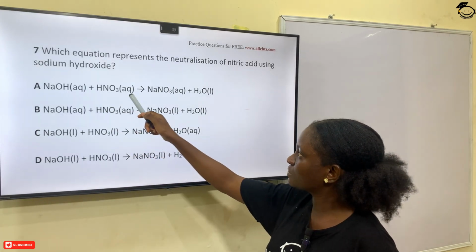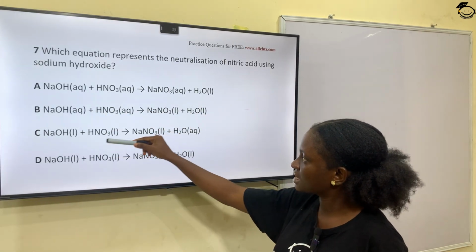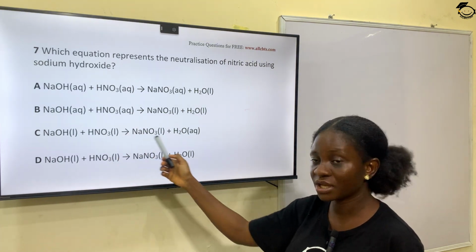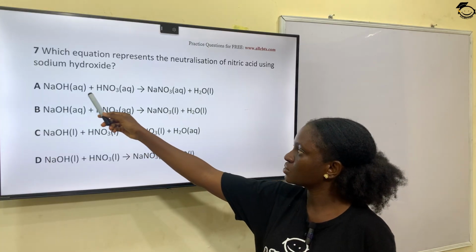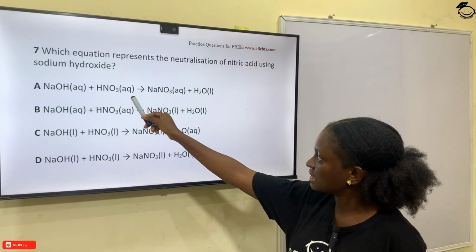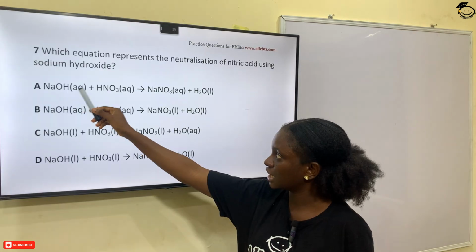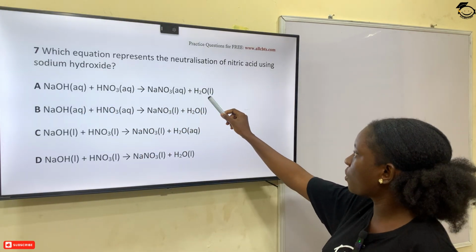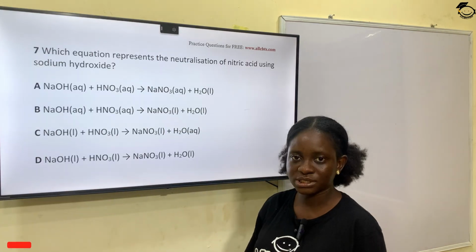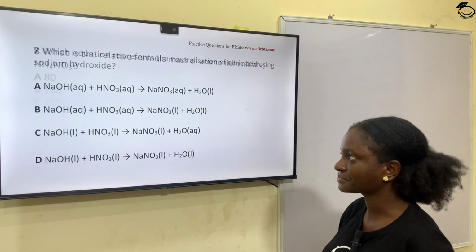Take note of the states. They all have the same equation, but you just have to check the state. So the base is aqueous, the acid is aqueous, then the salt is aqueous, and water is liquid. Option A is the correct answer.